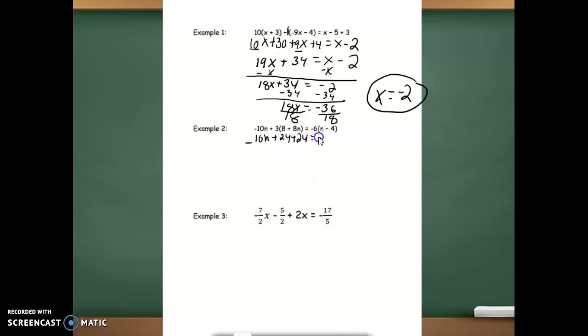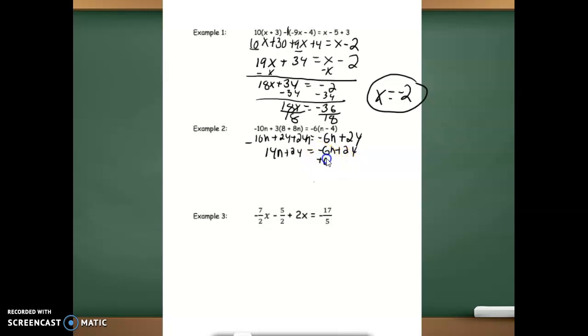Now I'm distributing a -6n, -6 and -4 is positive 24. Do I have some combining to do? Yep. Oh, remember that's an n. Almost made a boo-boo. 14n plus 24 equals -6n plus 24.